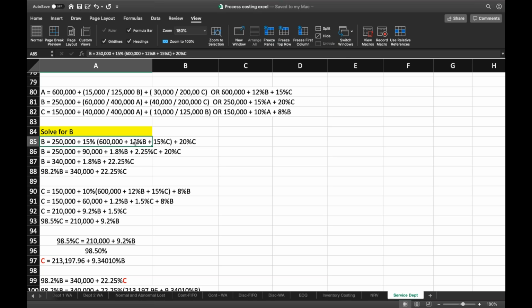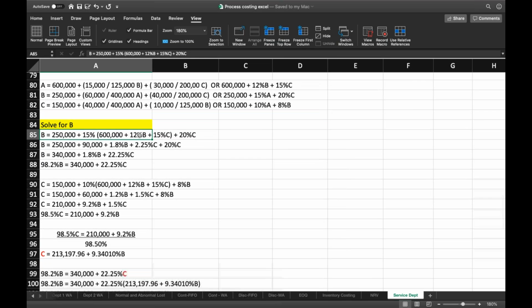So after replacing, we can now compute the other figures. So 250 plus 15% of 600, that's 90, plus 15% of 12%, that's 1.8% B, plus 15% times 15% C, that's 2.25% C, plus 20% of C.